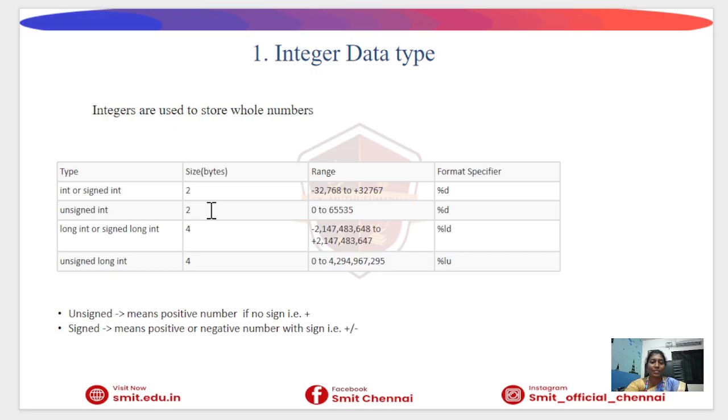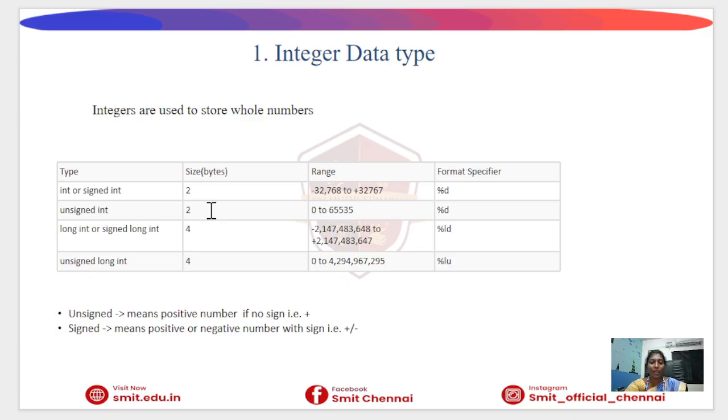The integer data type has two types: signed integer and unsigned integer. A signed integer can store both positive and negative values. An unsigned integer can only store positive values. For example, unsigned int age = 20.